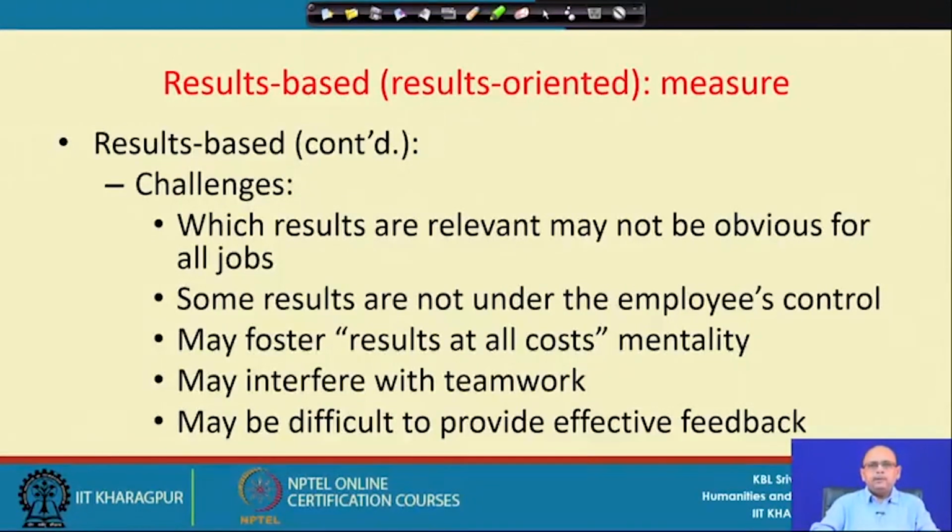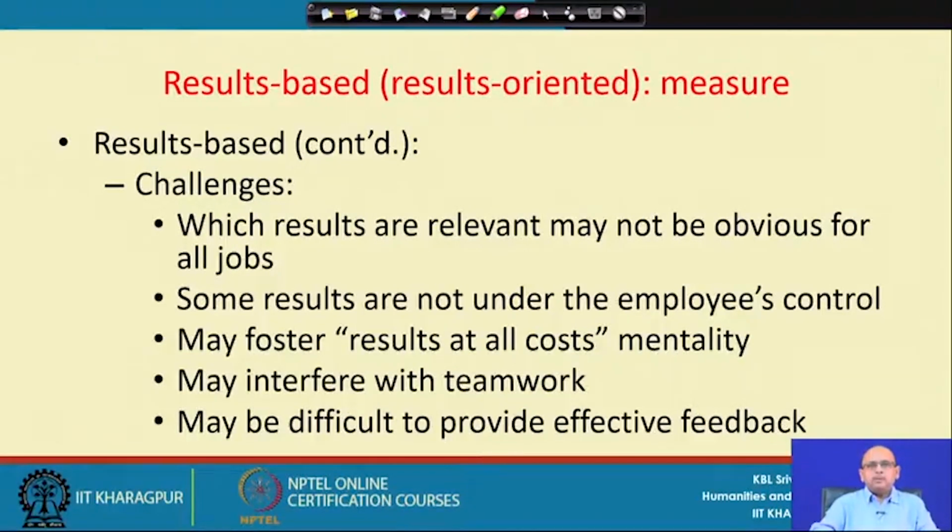Say, for example, a faculty member: you expect them to write papers, but are you expecting them to write papers just because you want them to produce papers? He is going to produce, say, 5 papers in a year, but do you look at the quality of the papers, what kind of journals he is publishing in? So, the mentality of producing results at all costs is not good. You must also consider the quality.